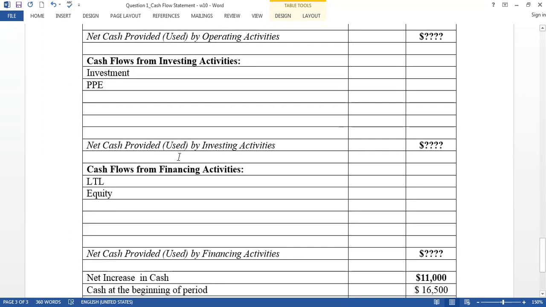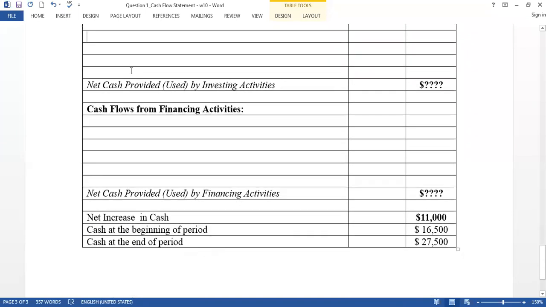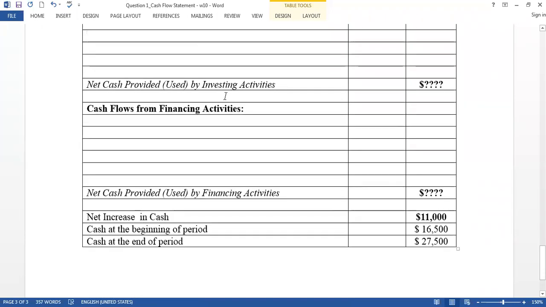Right? Can you remember? If you write long-term liability here, it is a mistake. If you write property, plant and equipment here, it is your mistake. Do you understand? So even though your answer may be $11,000, you ask your friend, what is the answer? The answer is $11,000.